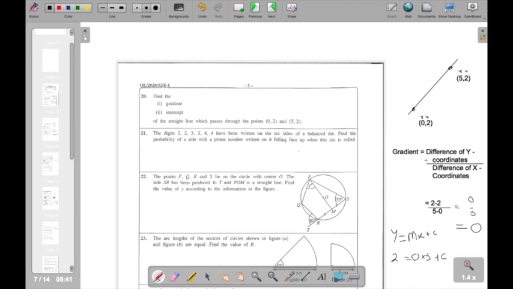Now let's take another coordinate just to verify, right? So you have 2 here and you have gradient which is 0. The x coordinate here is 0 plus c. So in both of these you will get the intercept as 2 and the gradient as m equals 0. It's a very easy question, right?